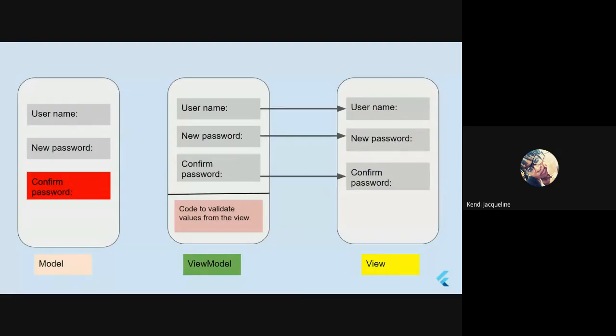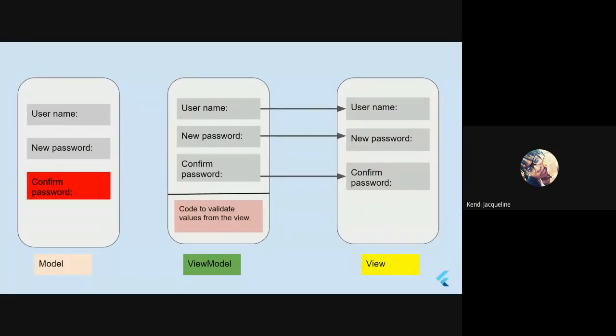So when data eventually reaches the model and the database, it is already validated on the client side. The good thing about this is you can add code to validate values in the view model. So by the time they are going to the model class, everything is already validated.